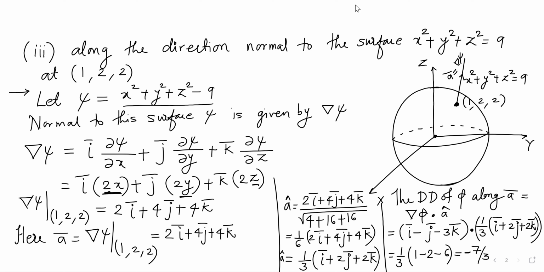So you label it as some other function. I have labeled it as psi. Then you find its gradient, that means find del psi, and evaluate it at the point 1, 2, 2, because that point is mentioned here. So you have to just write it down at that point.